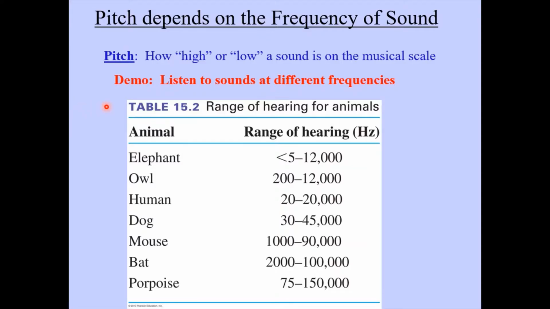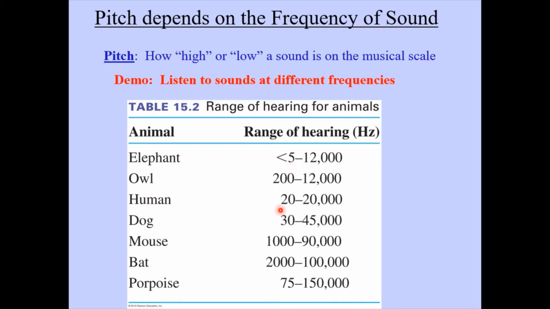So you just got to hear the effect of different frequencies and how it makes different pitches that we hear with our ears. And it's interesting to see that the range of hearing depends quite a bit on the species of animal. For example, elephants with their larger ear structures can hear only lower frequency sounds up to about 12,000 hertz, and they can apparently hear subsonic sounds that we would not be able to hear.